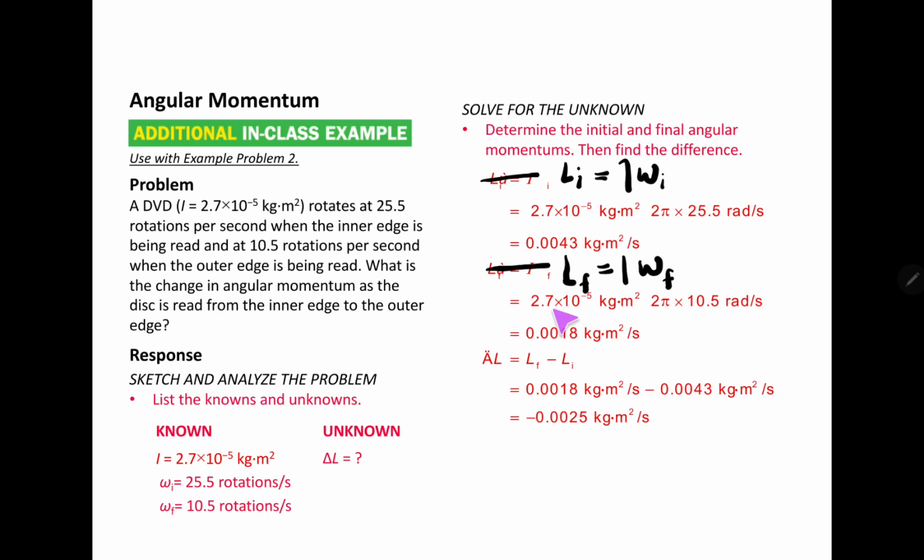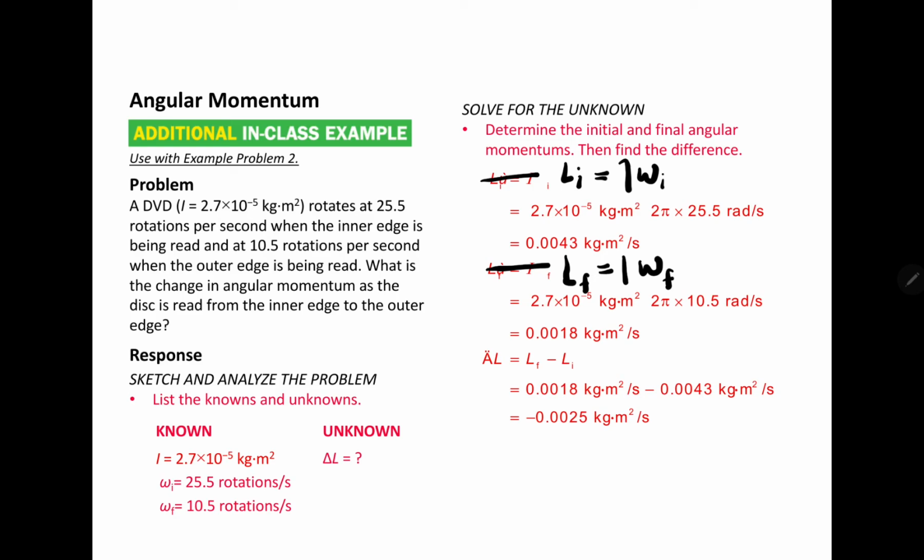So we have the moment of inertia equal to 2.7 times 10 to the power minus 5 multiplied by 2 pi, and as we said, we should convert the units from rotations to radians, so we multiply the number by 2 pi, 2 pi multiplied by 10.5. The result will be 0.0018 kilogram meter square per second.